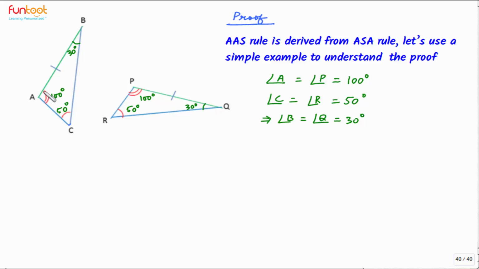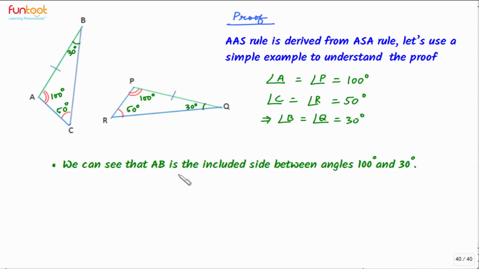Now we can see that AB and PQ are the included sides between two pairs of corresponding angles, that is 100 degrees and 30 degrees here and 100 degrees and 30 degrees here. So AB is the included side between 100 degrees and 30 degrees.